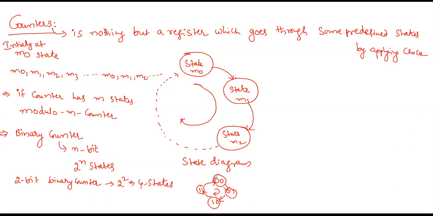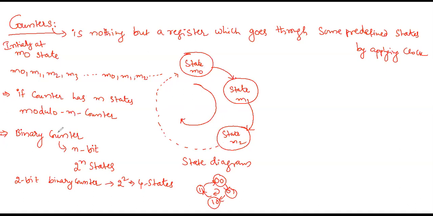Counter is nothing but a register which goes through some predefined states by applying a clock pulse. So it will go to M0, M1, M2, whatever the defined states, it will go through that path only. And a counter with M states is also known as modulo M counter.